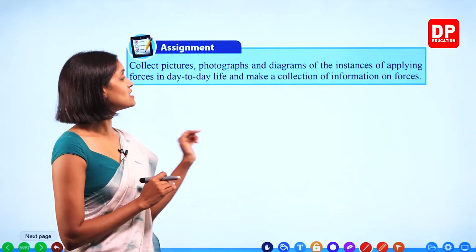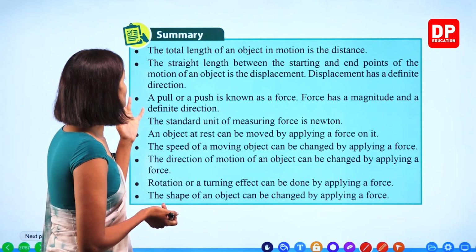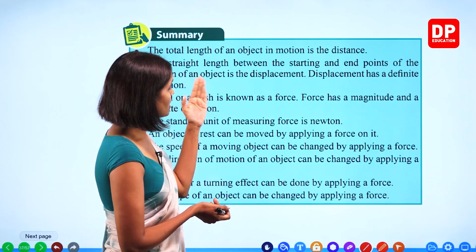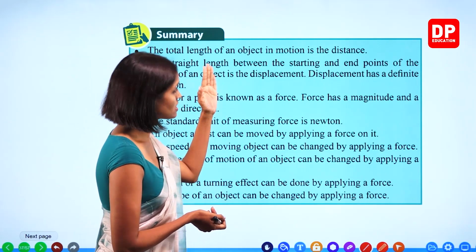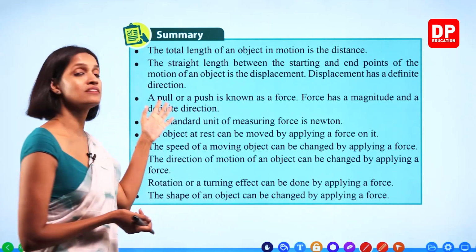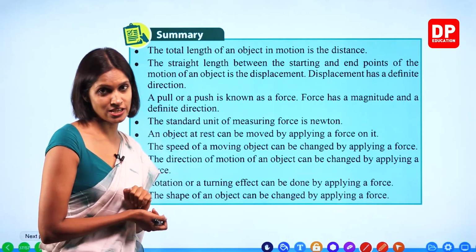So we will see the summary to see what we have done so far. The total length of an object in motion is the distance. The straight length between the starting and end points of the motion of an object is the displacement. And displacement has a definite direction, but distance does not have a definite direction.